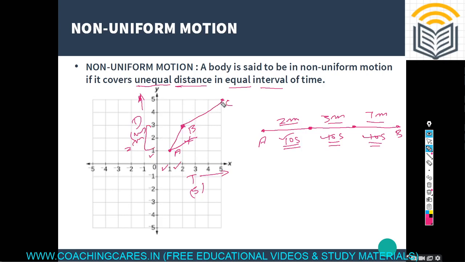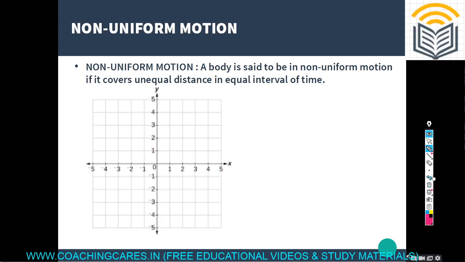And in another 1 second the body moves again 2 meters. So I say in equal interval of time, which is 1 second, the body moves unequal distances. First is 1 meter, another is 2 meters, then again another is 2 meters. So I hope this is clear to you. Now we'll go to another slide.